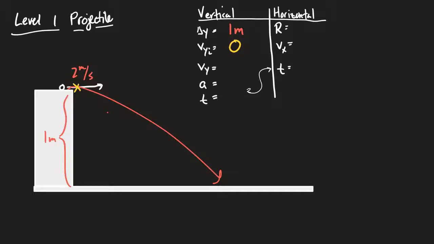By the way, that's the simplification. That's what makes this problem easy to solve, is that it doesn't have a vertical velocity. Now when it leaves the table, I know gravity is going to be pulling it down 10 meters per second squared. And that's all I have when it comes to the vertical part of the problem. But this 2 meters per second, that's how fast it's moving horizontally. So I'll put that 2 meters per second over here.